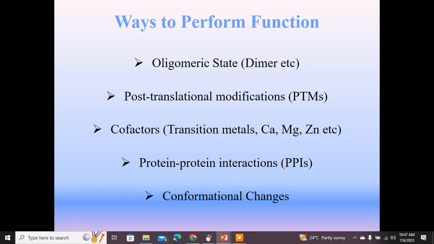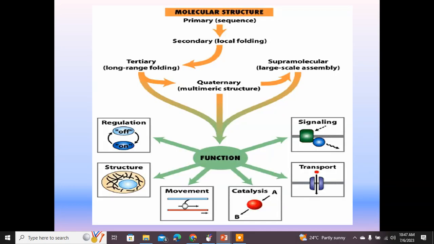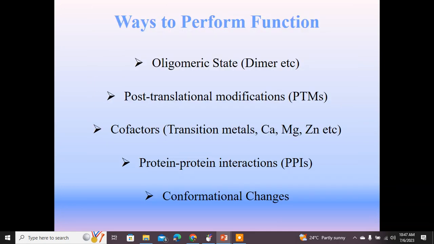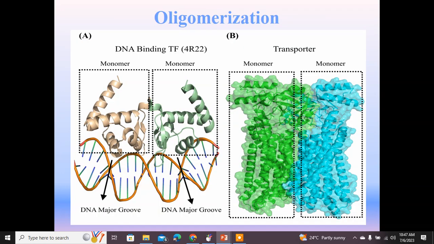Okay, so these are actually the five methods by which a protein will perform certain functions. What functions? These functions. Okay. So I will discuss briefly and quickly these five methods so that you understand how protein works or how the protein functions. So the first one is oligomerization.